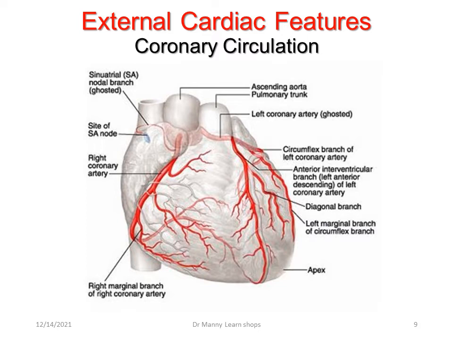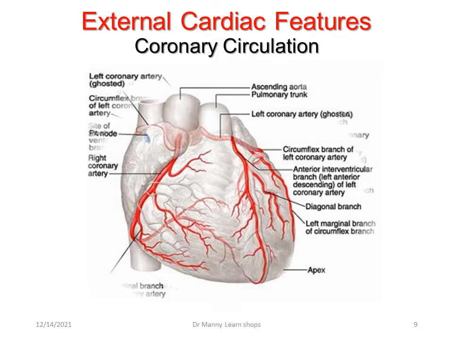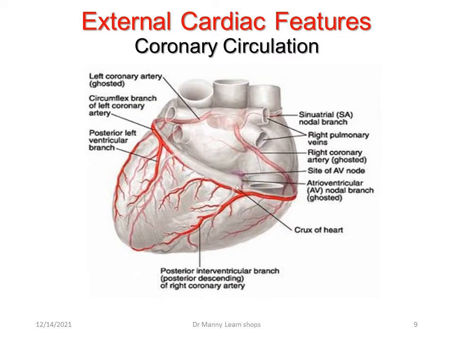You also have other branches, such as the diagonal branch or other marginal branches, which come off the LAD, left anterior descending, and the circumflex artery. And they migrate to the posterior portion of the heart, which primarily consists of left ventricle.